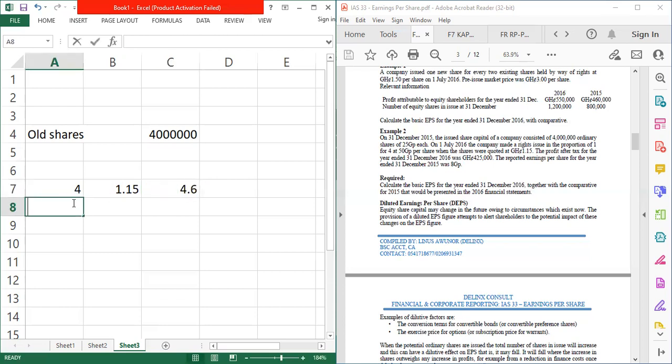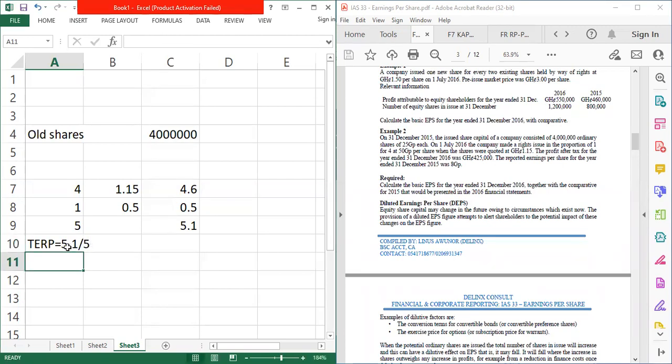Then the new shares will now be 1, at 50 pesos, which will be 0.5. Let's put them together: 5.1 and 5. So our theoretical ex-right price will be equal to 5.1 divided by 5.